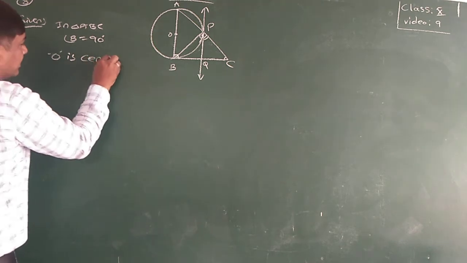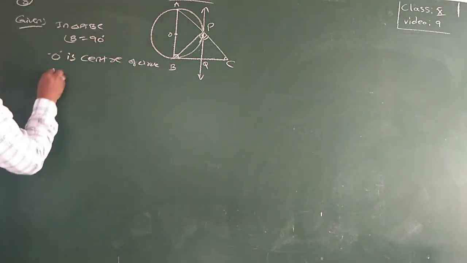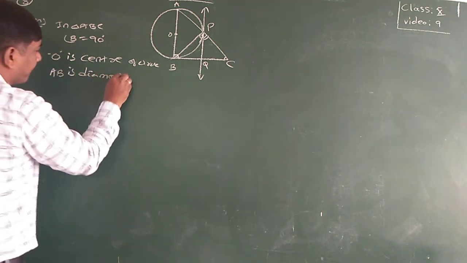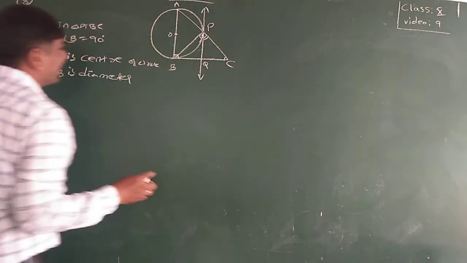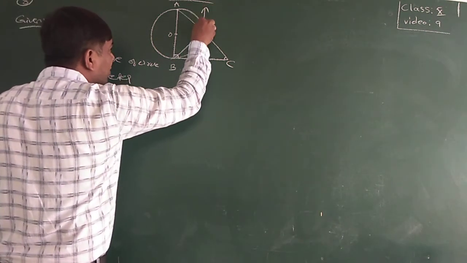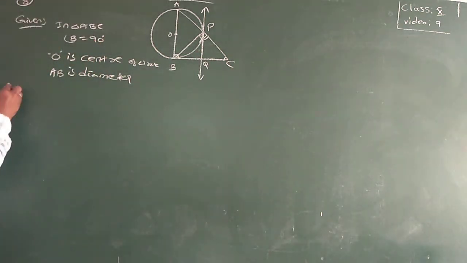AB is the diameter. P is the point of contact. Through this P, one tangent is drawn, PQ. This PQ bisects BC, we have to prove it.